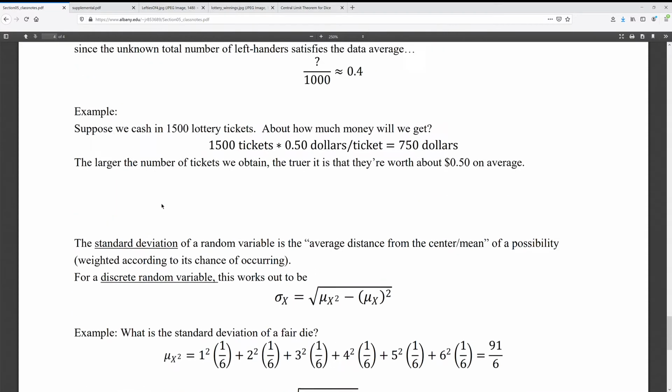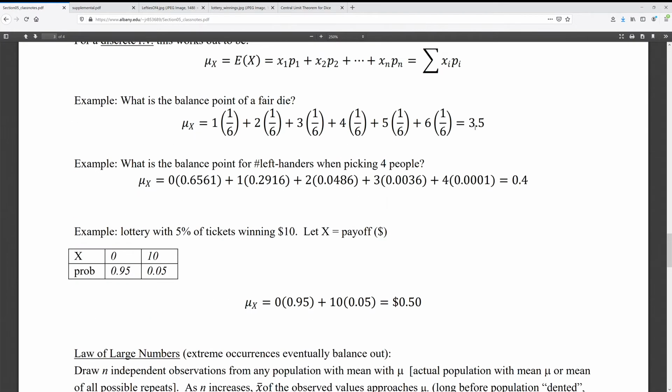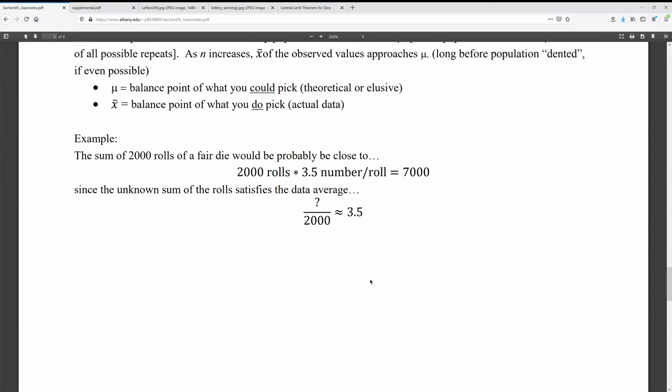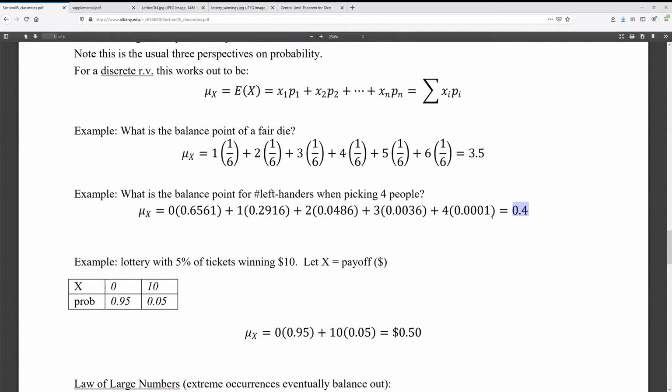On average, how much more or less than 3.5 is your average roll of the die? How much more or less than 50 cents is your average lottery ticket? How much more or less than 0.4 is your typical group of 4? How many more or less than 0.4 lefties is your typical group of 4 going to give you?